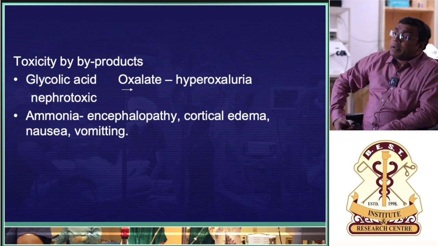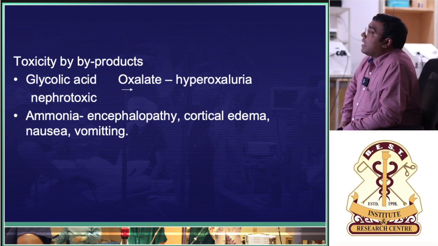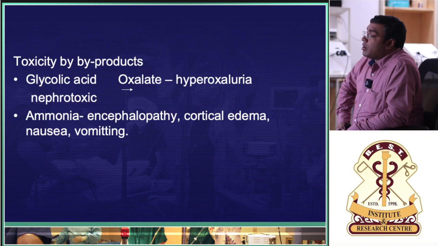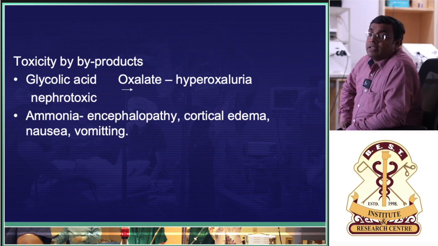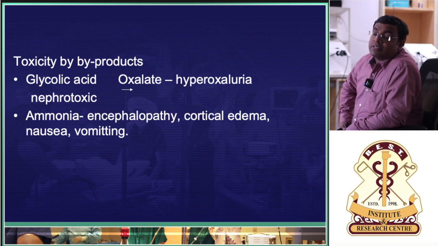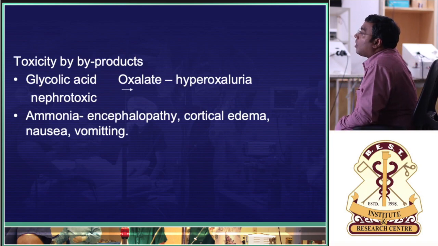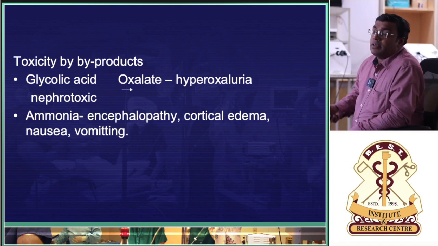Toxicity by byproducts: glycolic acid gets converted to oxalate, causing hyperoxaluria, which is a nephrotoxic agent. The other one is the release of ammonia, which can cause encephalopathy, cortical edema, nausea and vomiting.